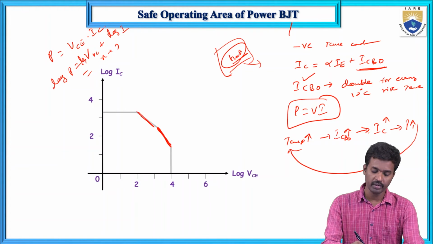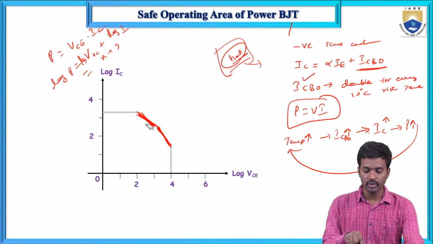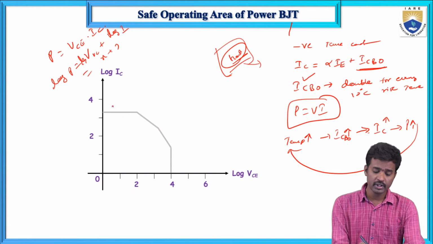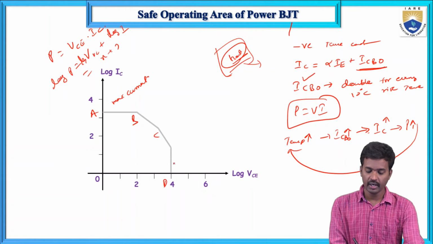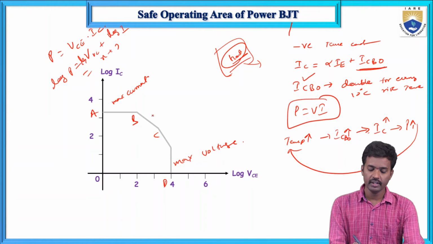So this is the power straight line. This is the maximum current limit, A, B, C and D, this is the maximum voltage, this is the maximum power or temperature limit, and next this is the secondary breakdown.